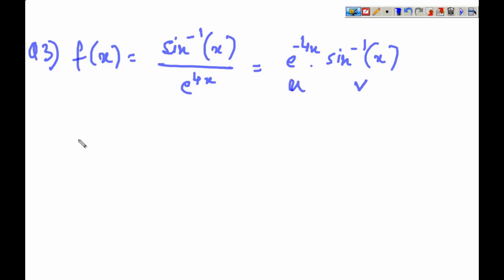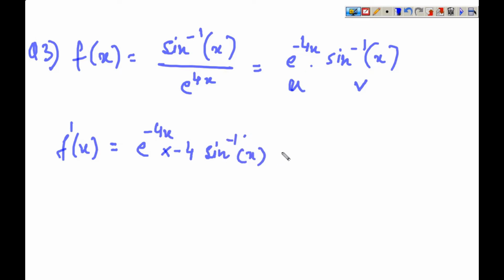We have the differentiation, or f dash x. The derivative of e to the power minus 4x will be e to the minus 4x multiplied by minus 4, and then keeping sine inverse as it is, then adding v differentiation, that is the derivative of sine inverse x, which is always 1 by under root of 1 minus x square, and then multiplying it with e to the minus 4x.